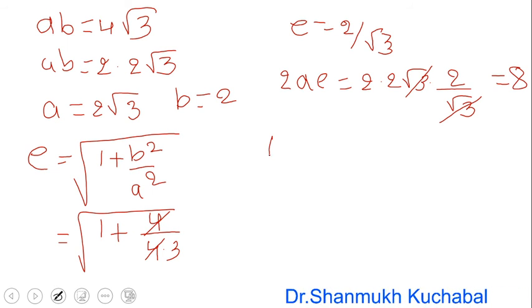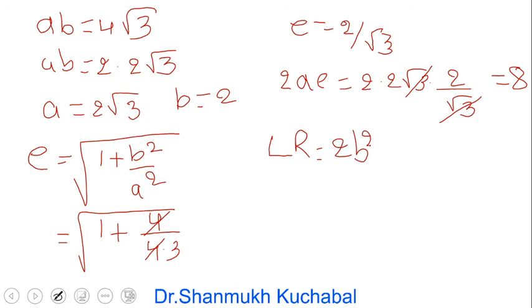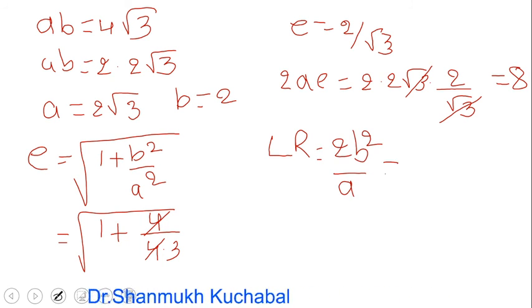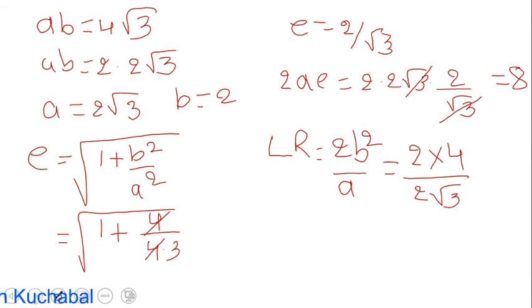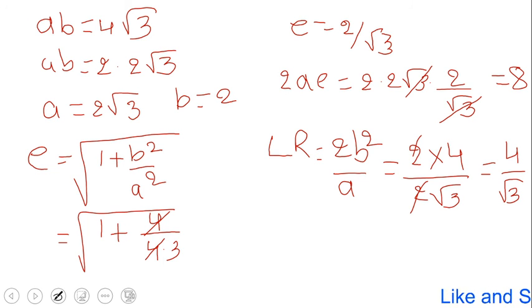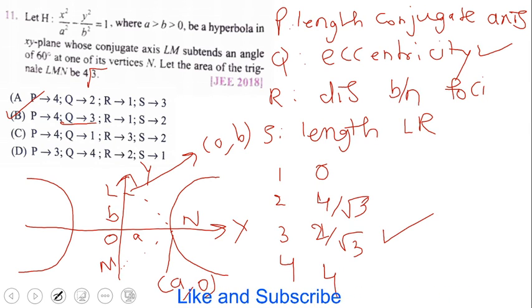Then the length of a latus rectum is given by the formula 2b square by A, as 2 into b square as 4, A as 2 root 3, 2 gets cancelled, so we are going to get 4 divided by root 3 here. So in this way we have to calculate. Therefore clearly option B is the right answer.